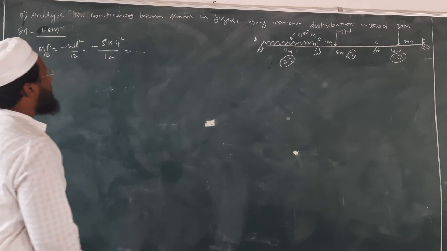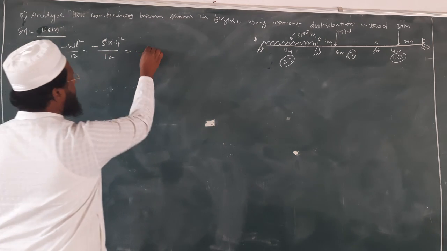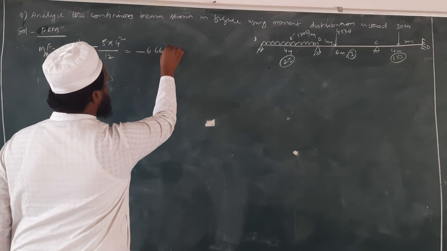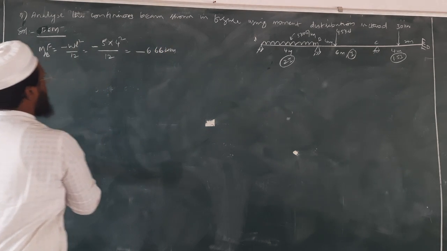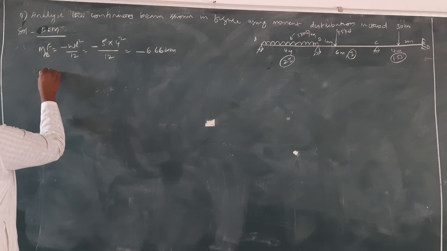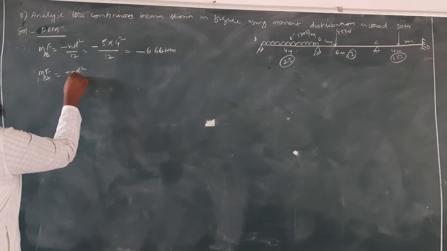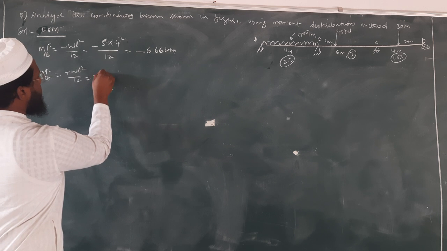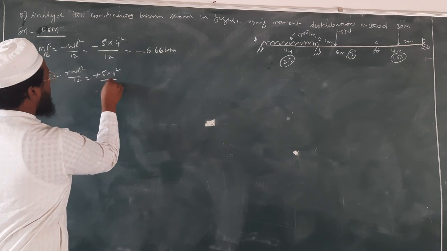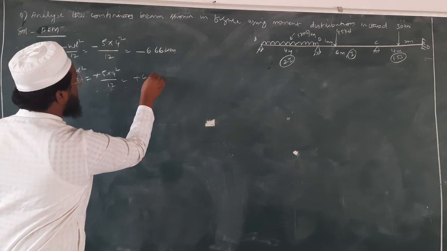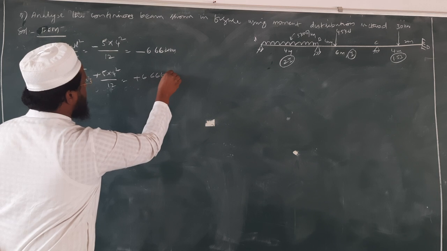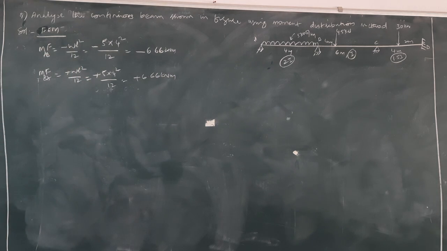Tell me the value. 6.66 kilonewton meter. Now what about MF BA, plus WL square by 12? So plus 5 into 4 square divided by 12, which is equal to plus 6.66 kilonewton meter. Okay.